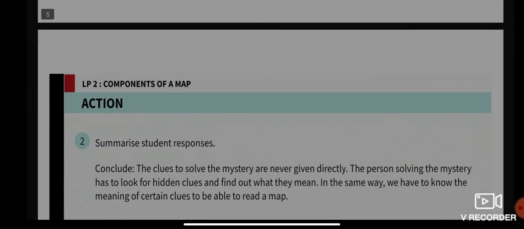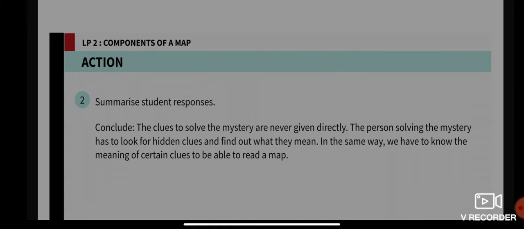So see, the clues to solve the mystery are never given directly. Mystery means something which is not known in advance. So the person solving the mystery has to look for hidden clues and find out what they actually mean.